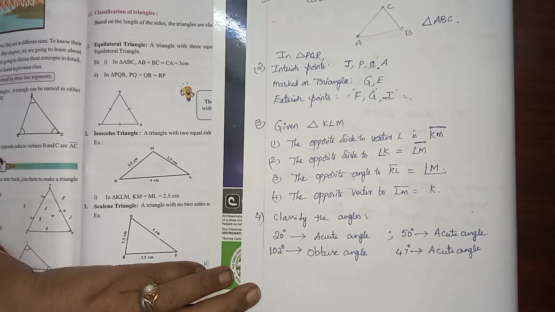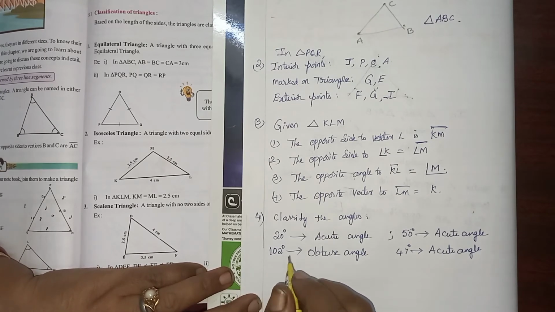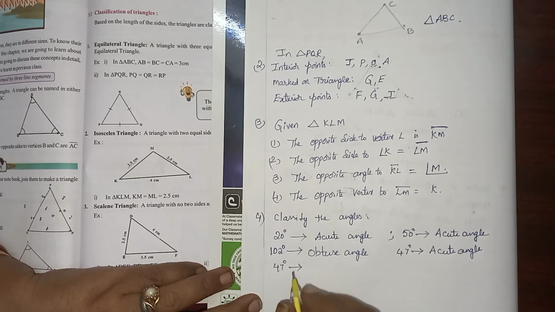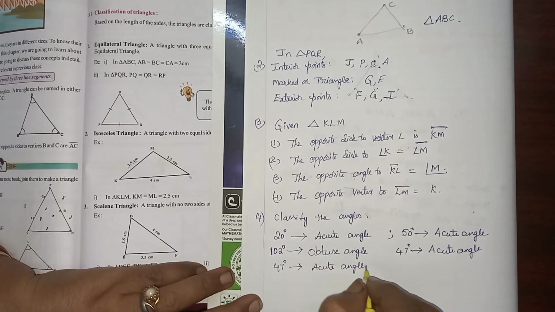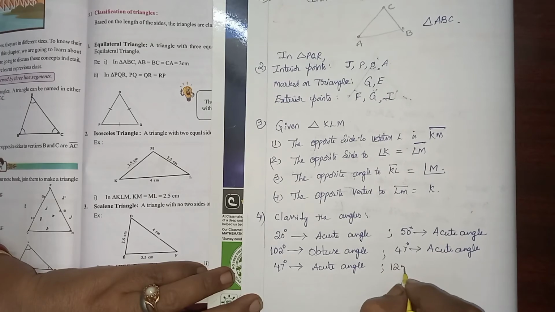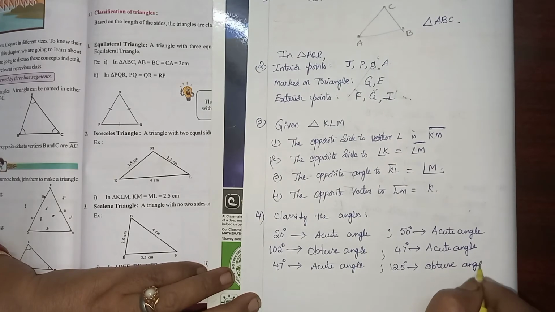More than 90 and below 180 degrees is called an obtuse angle. 125 degrees is more than 90 and less than 180, so it is an obtuse angle.